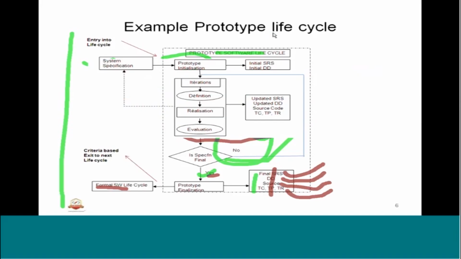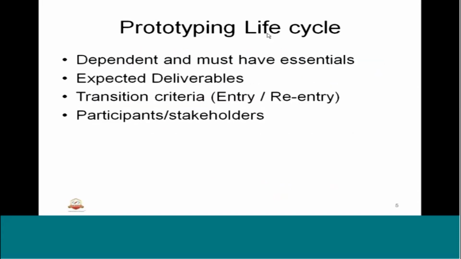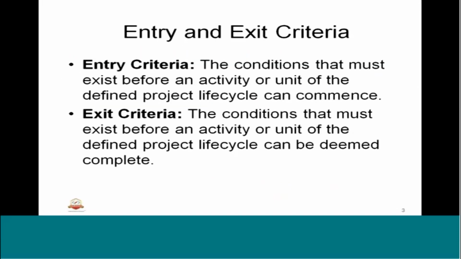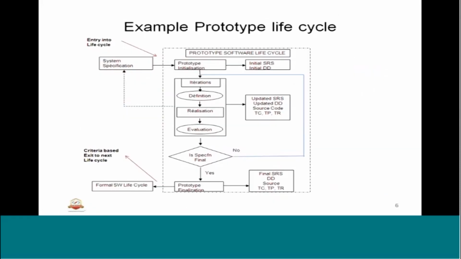Okay, so we are done with the prototype life cycle. We know that the next one is the formal life cycle, which is an important aspect of embedded software systems. You may wonder why we need a prototype life cycle.